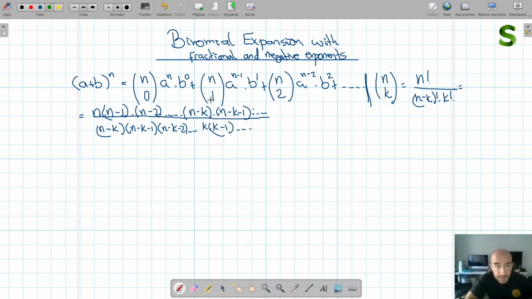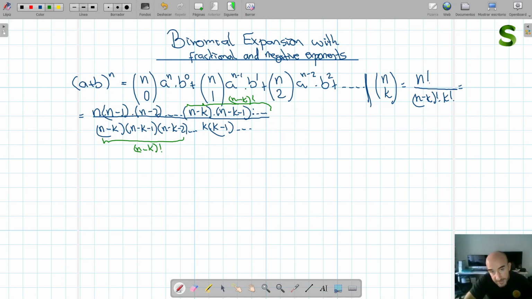If you take a look at this part over here, it is going to be n minus k factorial, the same that we have here, as I said, because n is always going to be greater than k.